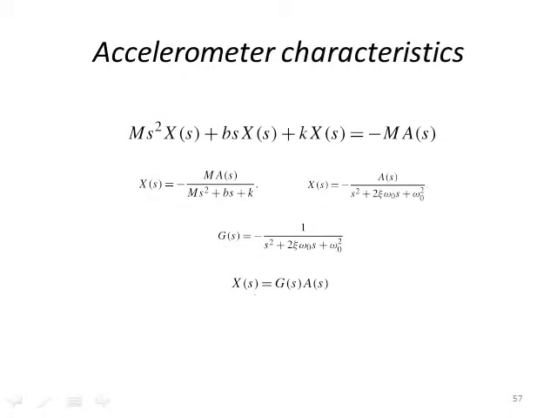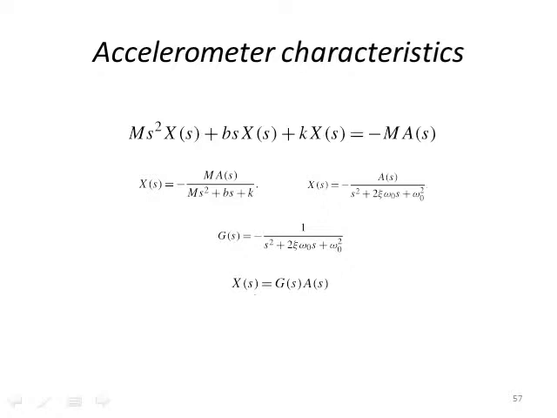Now, if we go in a little bit deeper, we take our Laplace transformation of the differential equation representing the system response to an acceleration a sub s. Then we can basically derive the transfer function of the system G(s), which is equal to output over the input, right? In this case, the output is X(s).